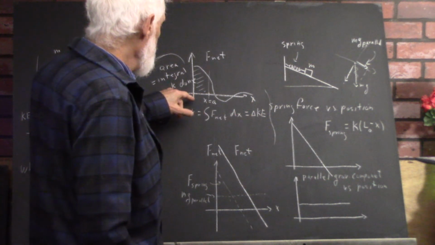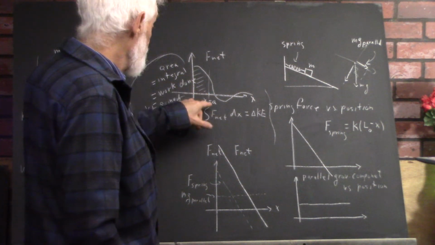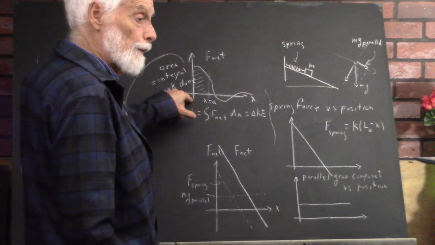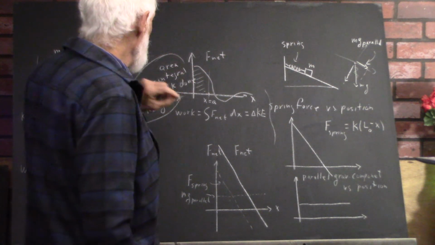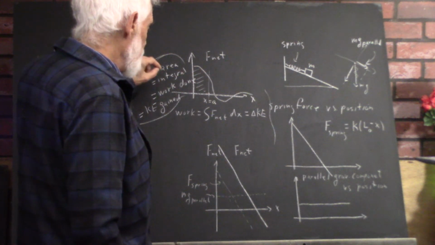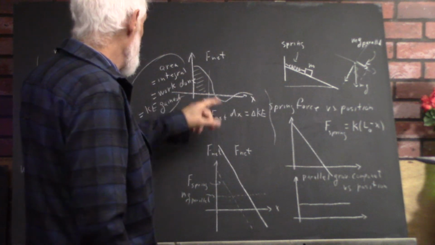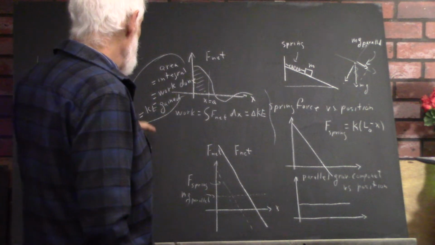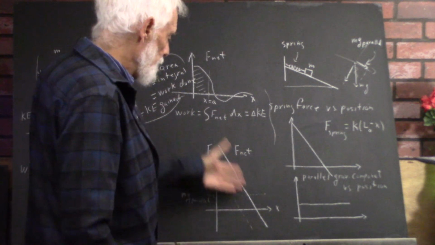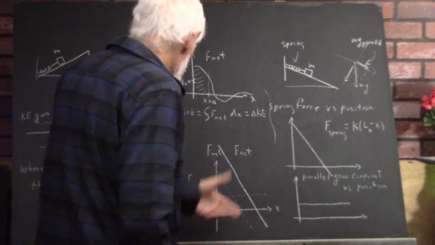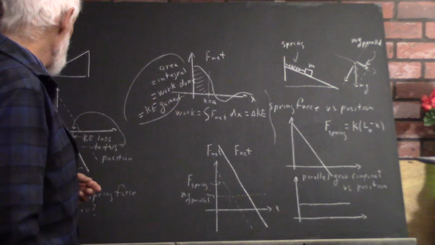So between this position and this position, where x equals 0 to x equals a, the area under here represents the integral from here to here, and that's the work done, which is your kinetic energy gain. So down here, you hopefully see how that applies.